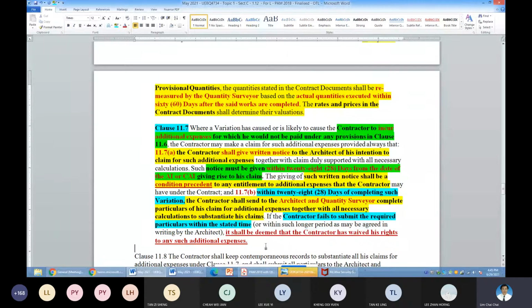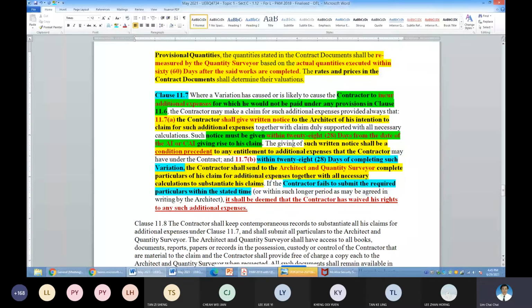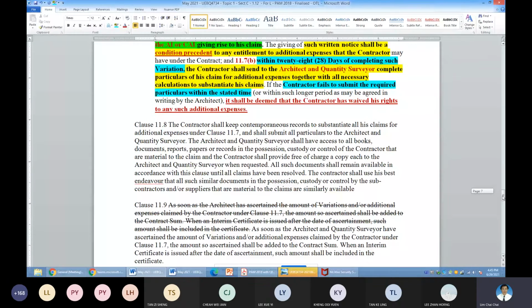So these are the very important provision if you are working for contractor. Similarly, if you are working for consultant, these are the grounds to reject the contractor's contractual claim. I hope you are clear on this particular point. So these are important. I go very slow. It's a very important clause for you.